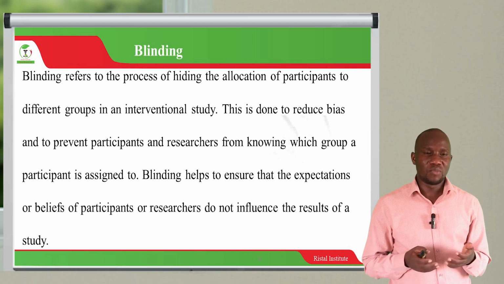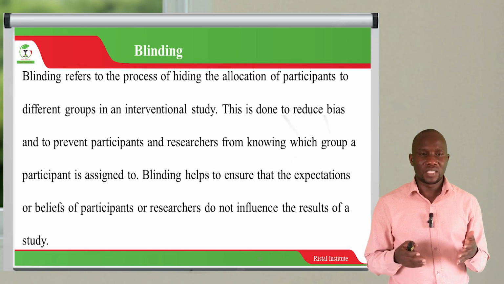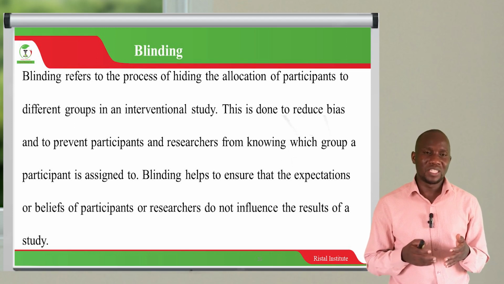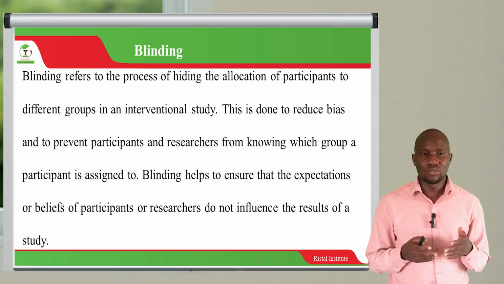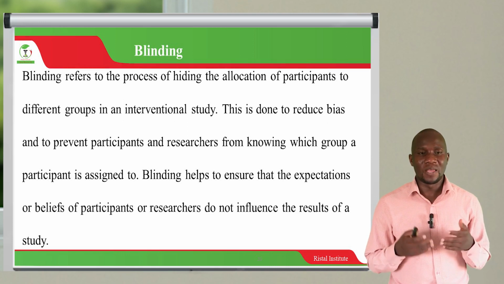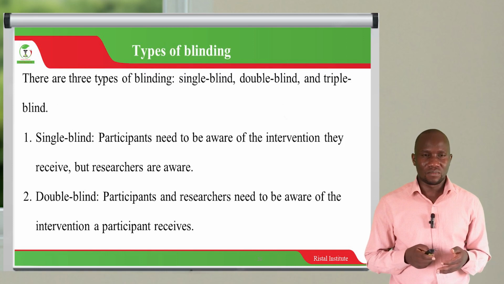This is very important because it eliminates participants behaving in a particular way because they know that they are receiving a particular treatment. We don't want them to influence our conclusions by way of their behavior. So it eliminates the beliefs that participants may have on whether they are receiving a treatment or not.